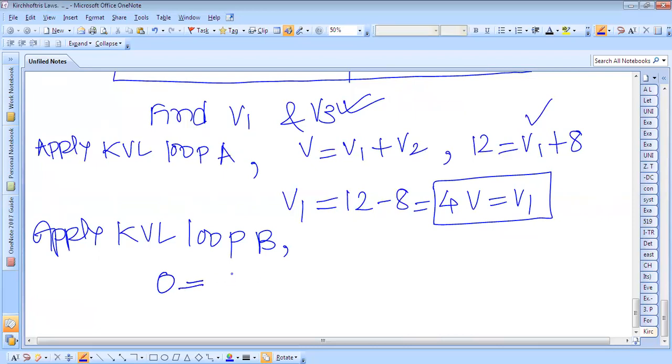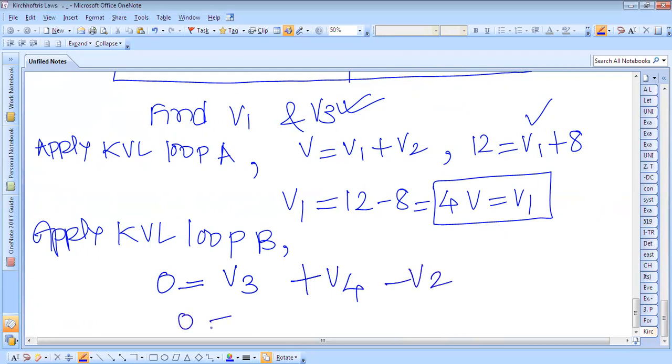We are going opposite to this V3, opposite to this V4, and in the same direction as the voltage drop across V2, so it is minus V2.